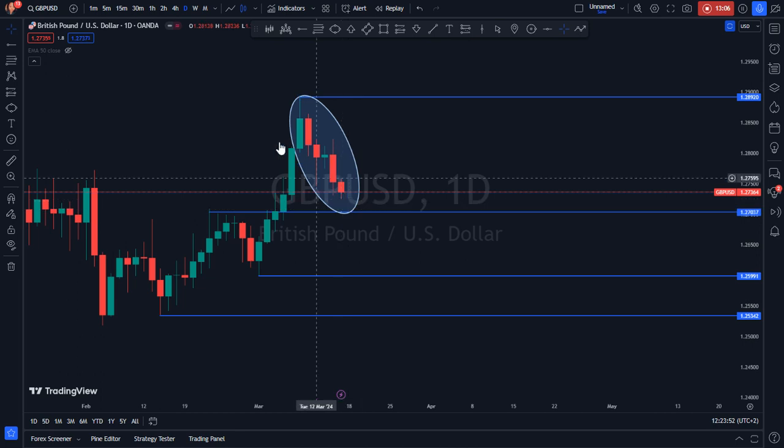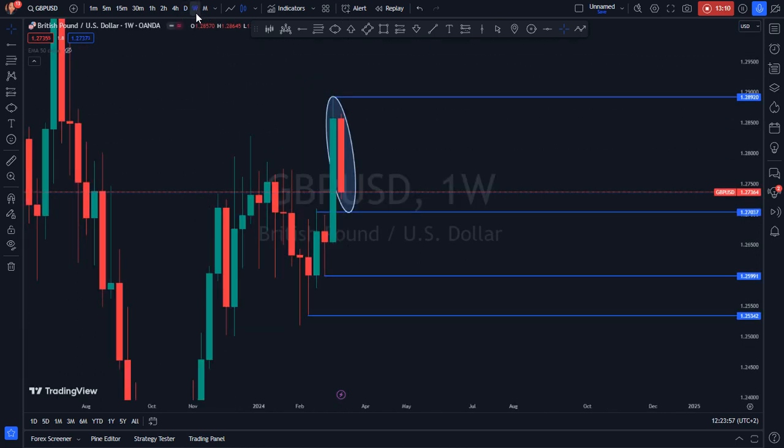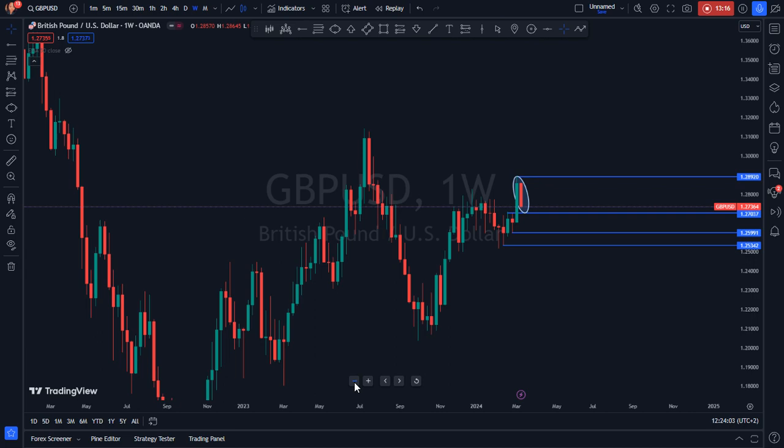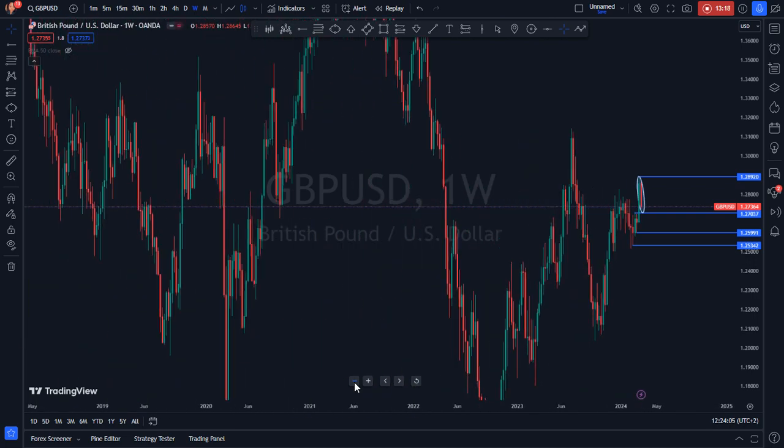Remember what we saw on a weekly time frame. Let's go back to a weekly time frame, because I don't want you guys to forget what we started with from the higher time frame. Was it somewhere here? Did we mark this one?